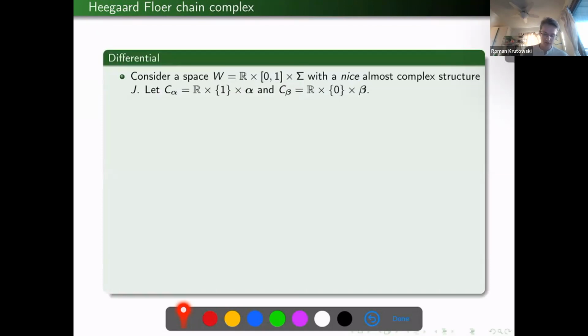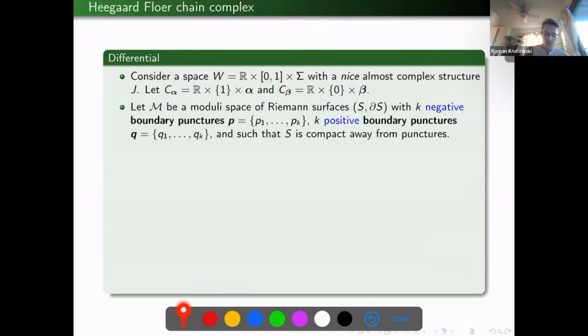Then the differential counts certain J-holomorphic curves connecting the generators, with some boundary. Assume we have this four-dimensional manifold, and we could think of it as a strip over sigma with some nice almost complex structure. We pick a cylinder over alpha and a cylinder over beta on the boundaries. Then we consider some moduli space of Riemann surfaces with boundary and k negative boundary punctures and k positive boundary punctures.